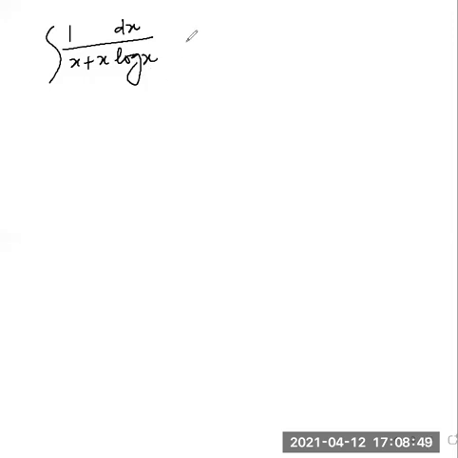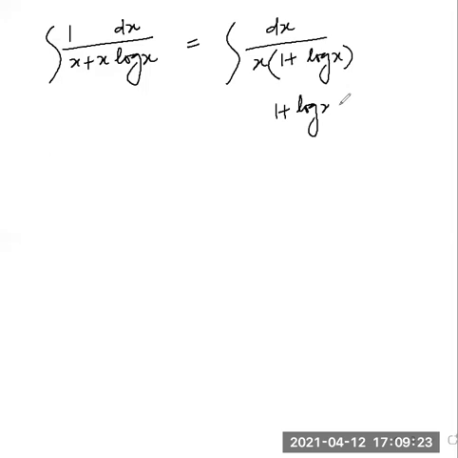Not log x, because if we say log x is equal to t, we will get 1 by x, and we are not able to see 1 by x here. So why not take x common and write 1 plus log x. Now it makes sense. What should we imagine? If you imagine 1 plus log x is equal to t, obviously the derivative of 1 is 0.